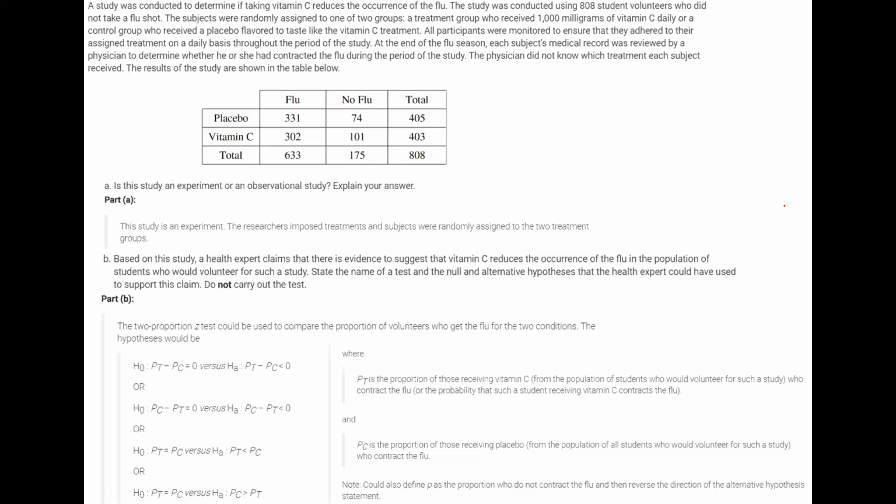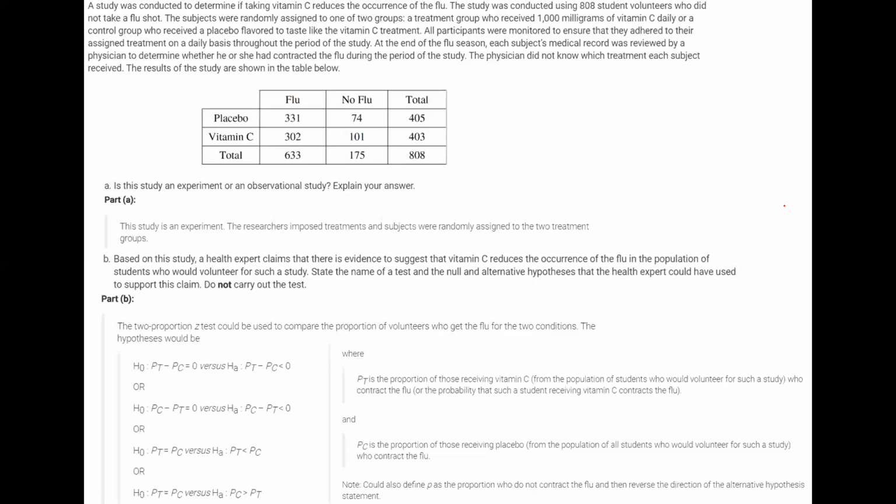There was a double blind because the participant wouldn't know which treatment they're taking, because there was a placebo that tastes like vitamin C, but also the physicians didn't know the treatment that was administered to the subject. So that's a double blind. Even if that's not the question they may be asking here, you might want to know how to set up that kind of design just in case the questions ask for experiments including the double blind and things like that.